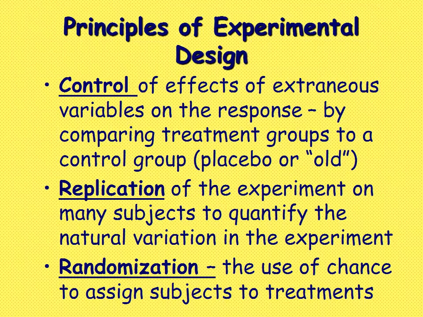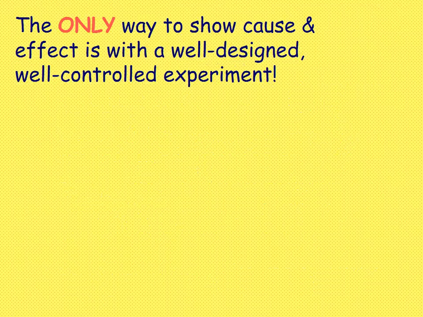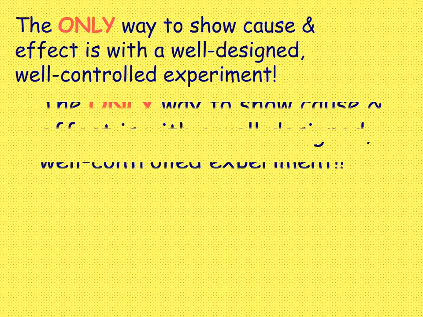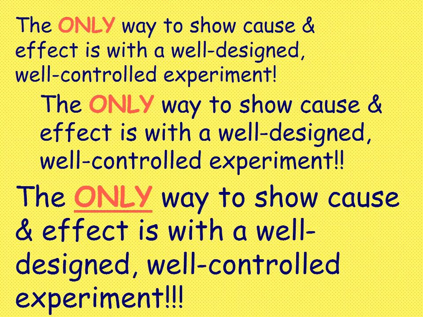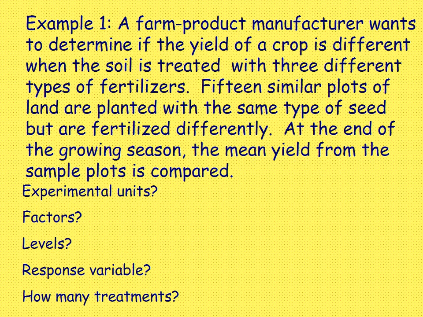And we need randomization, the use of chance to assign subjects into treatment groups. Okay, the only way to show cause and effect is with a well-designed, well-controlled experiment. Okay, it's so important. I want to PowerPoint shout at you here with these extra pieces. Okay, the only way to show cause and effect is with a well-designed, well-controlled experiment.